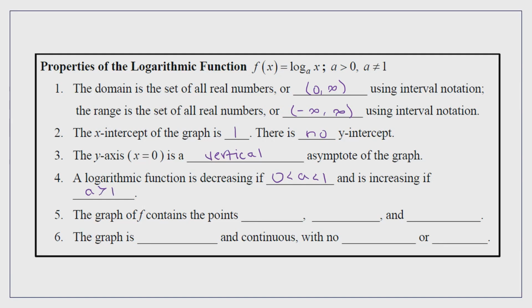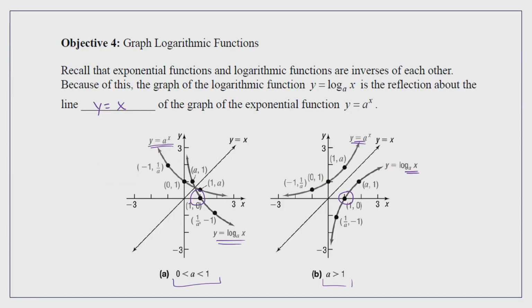Looking at our graph, we see here that if a is between 0 and 1 in our first image, our graph is decreasing, whereas if a is greater than 1, you can see here that our y values are increasing.